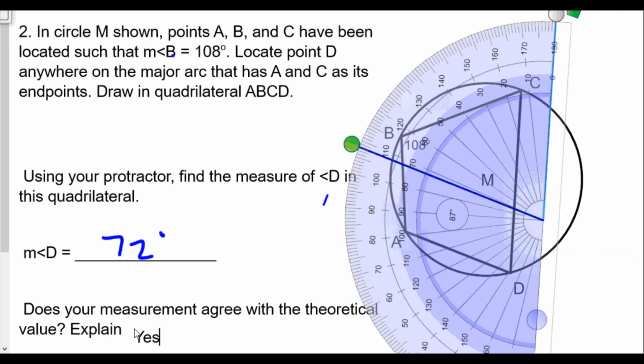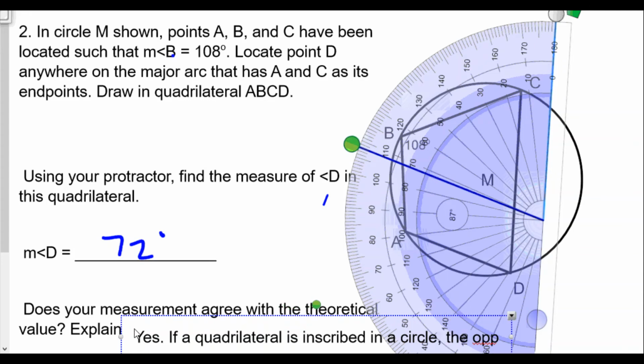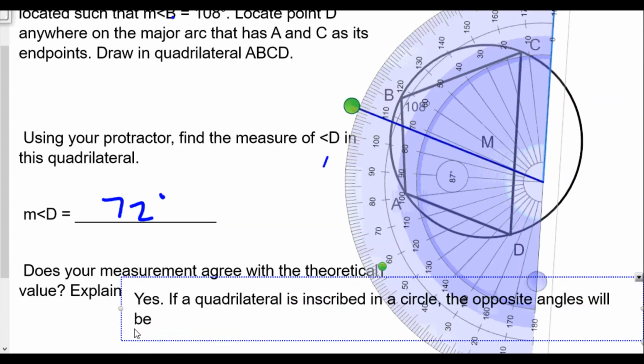And the answer is yes, because if a quadrilateral is inscribed in a circle, the opposite angles will be supplementary.